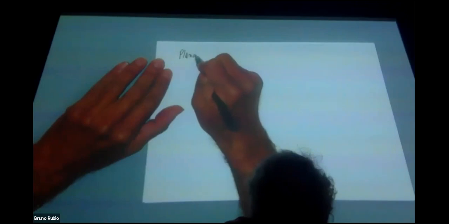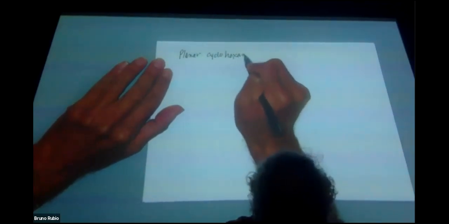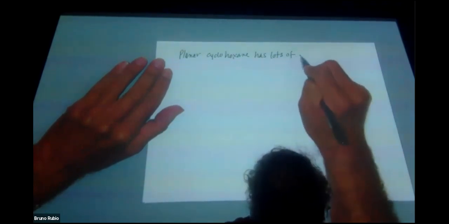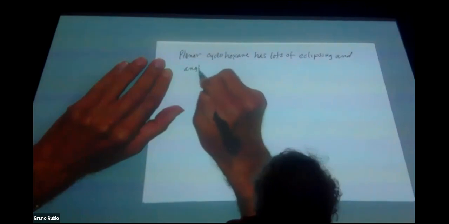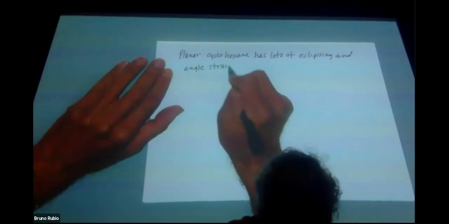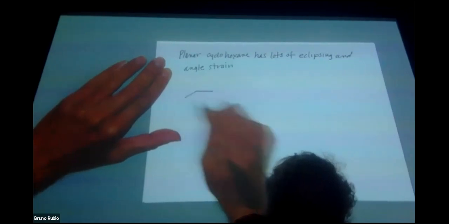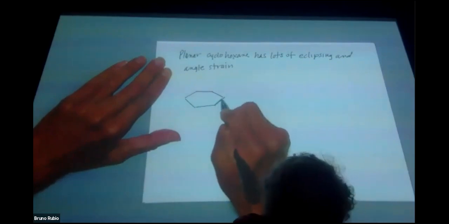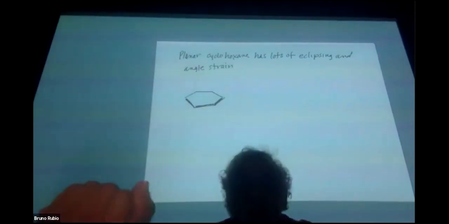Planar cyclohexane has lots of eclipsing and angle strain, right? If we were to draw cyclohexane and get all of the carbon-carbon bonds to sit on a tabletop, we would get something that looks like that.